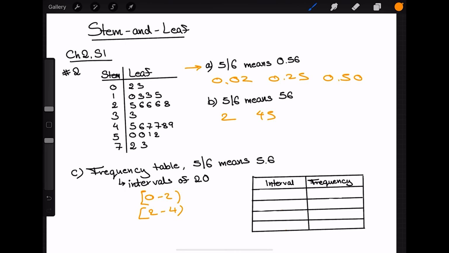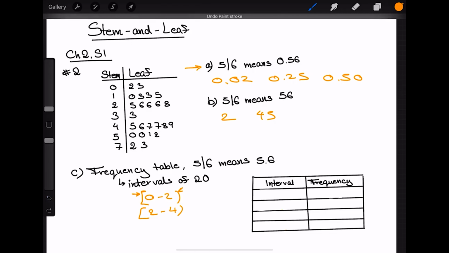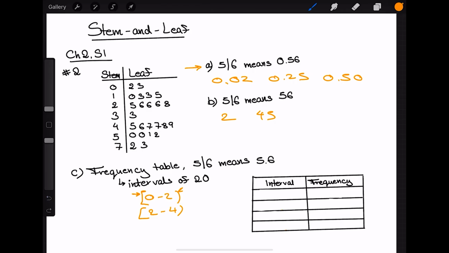Now make sure when you're writing these intervals that the first one is a closed bracket and the second bracket is an open one, because you do not include the number 2 in this interval, because you start the second interval with 2 and you do not want to repeat the values.